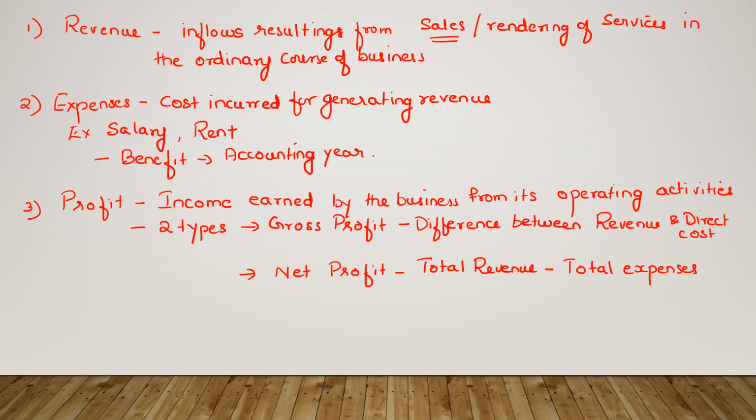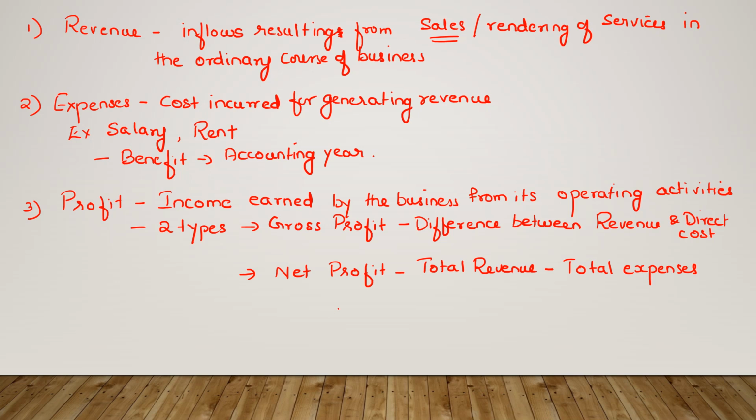Cost of goods sold will be subtracted from the revenue to get gross profit. But when we are talking about net profit, the total expense here would include the salary which is paid to the employee, and the rent which is paid for the building would also be subtracted. And once that total expense is subtracted from the total revenue, the amount that you arrive at is called the net profit. So this is about the term profit.